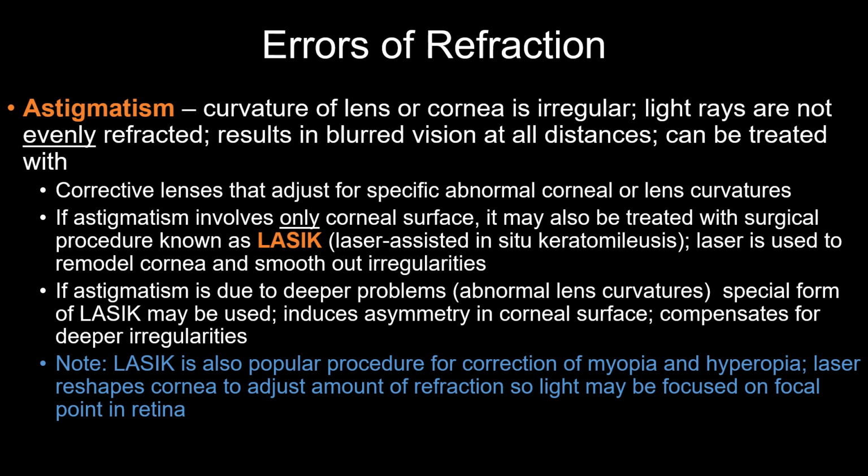And I want you guys to know that LASIK is also a popular procedure for the correction of myopia and hyperopia. Just by reshaping the cornea in such a way that the refraction amount is fixed and it's able to correct the focal point, focusing it on the retina.